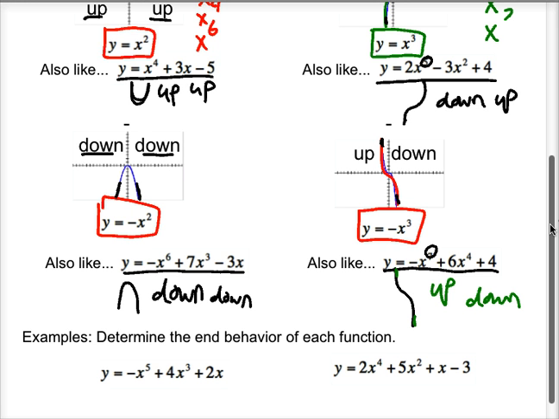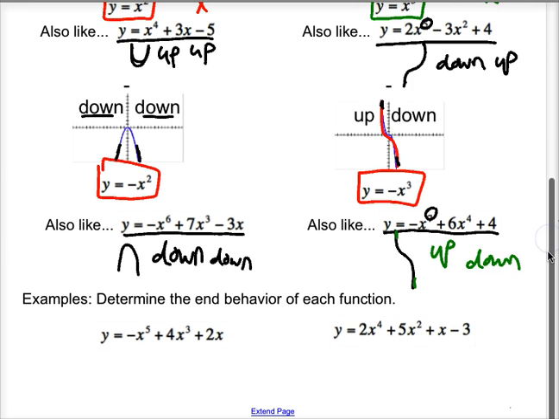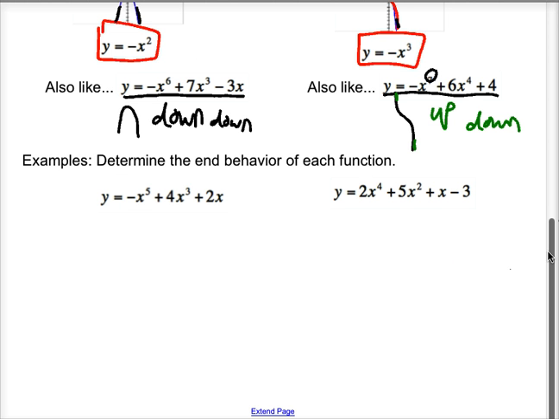All right? So let's get a little practice in where it's not already labeled in a nice chart for you. For this one, I see a negative odd degree. Okay, it's an odd degree and it's negative, meaning that it's going to be that upside down, reversed cubic function.